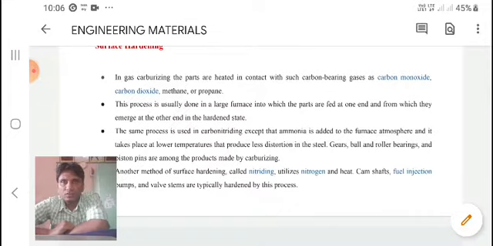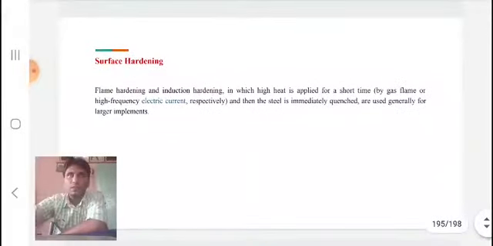So another process of surface hardening is flame hardening. The other technique is flame hardening.